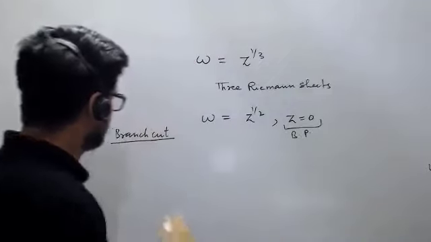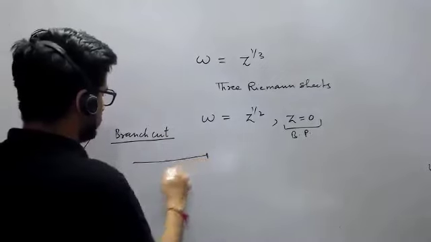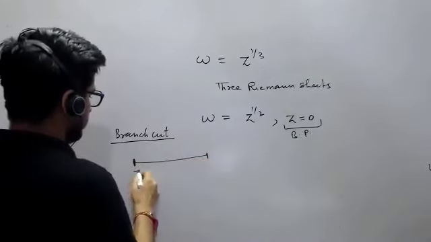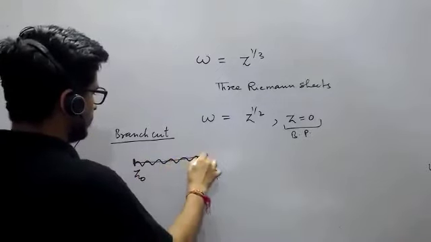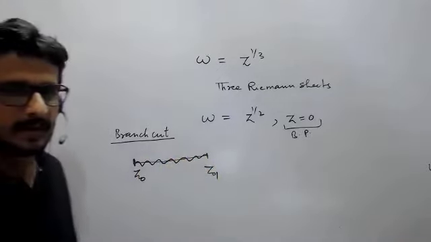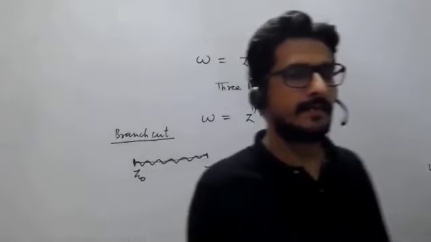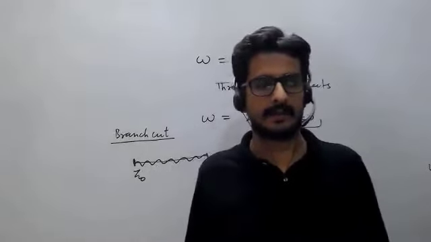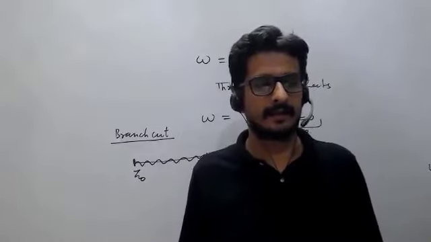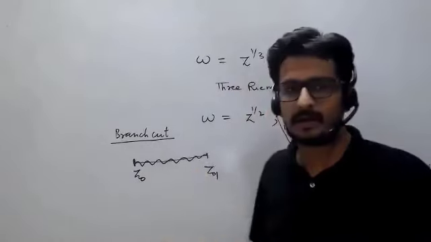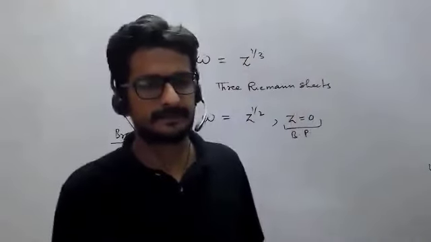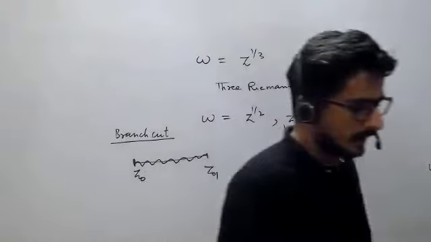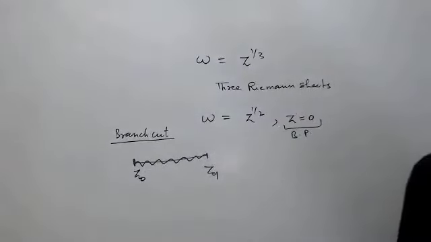That will be known as a branch cut. Suppose there are two branch points, z0 and z1. The cut connecting the two branch points is known as a branch cut. Even to know that this is a branch cut is important.